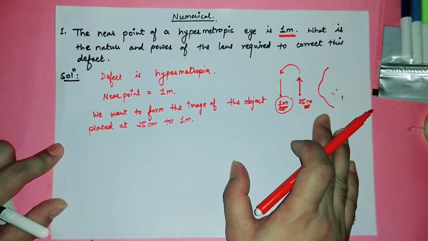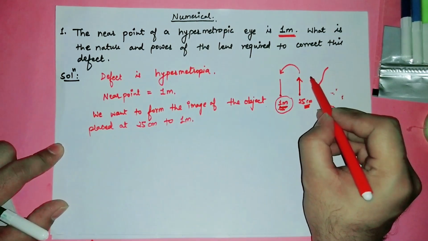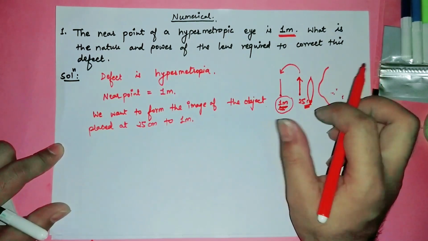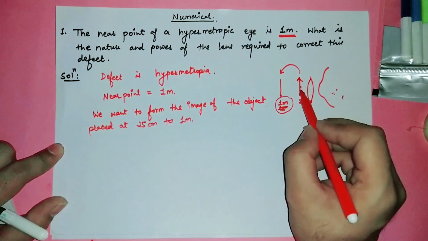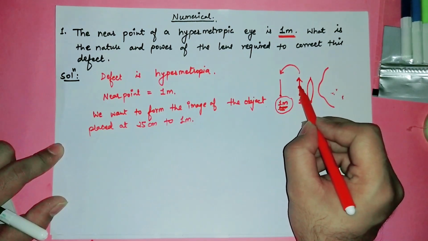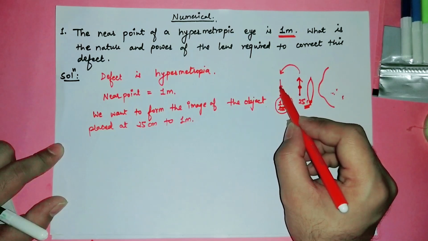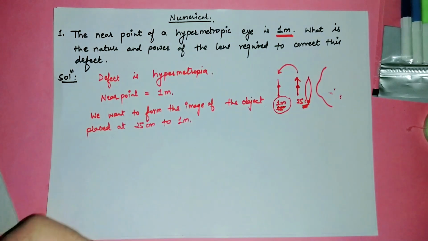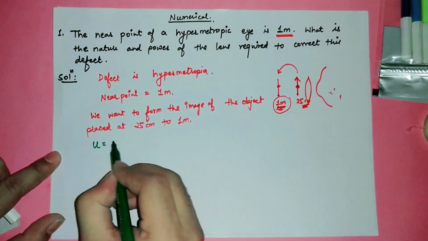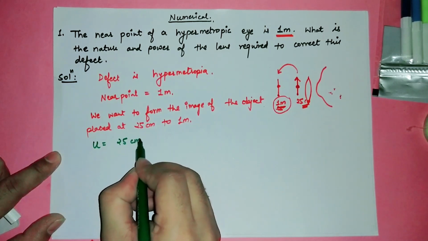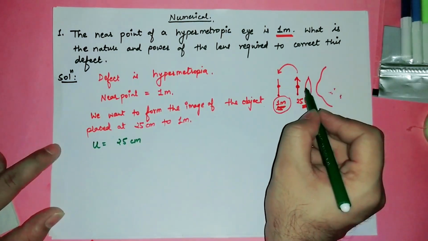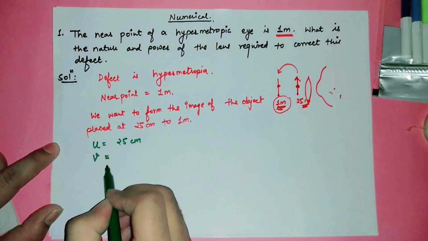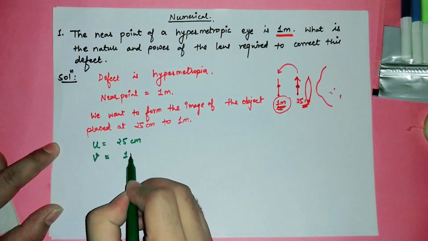So we have to place a convex lens of a particular focal length so that the image of the object at 25 centimeters is formed at 1 meter. Our u is 25 centimeters, and we want the image at 1 meter.